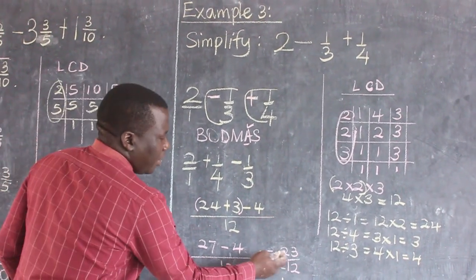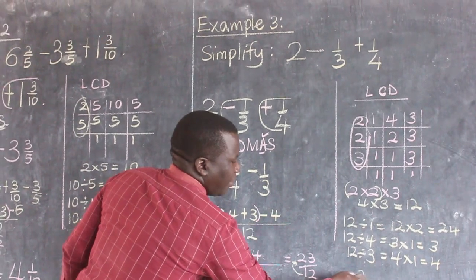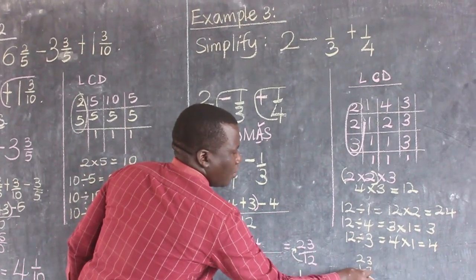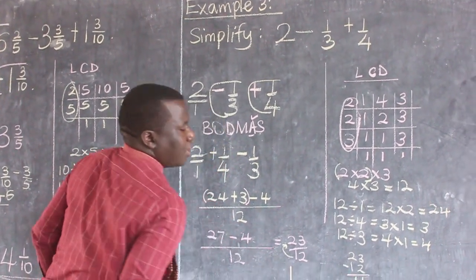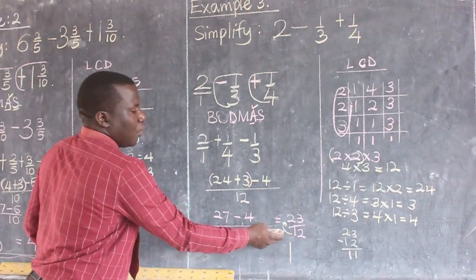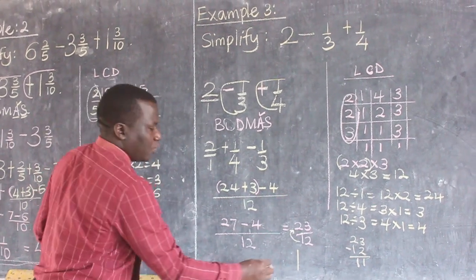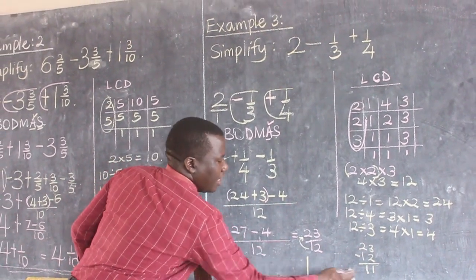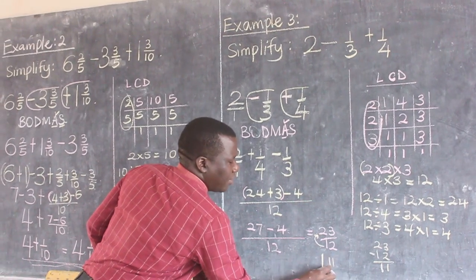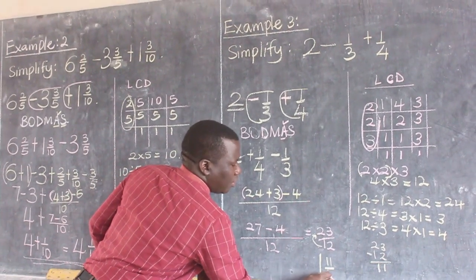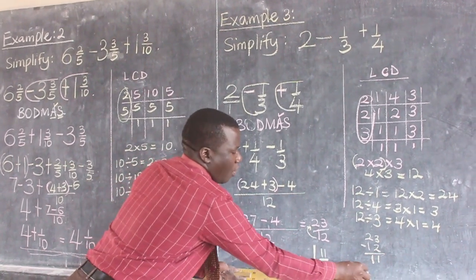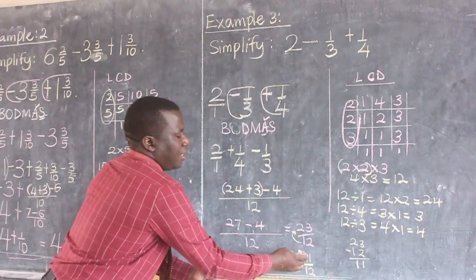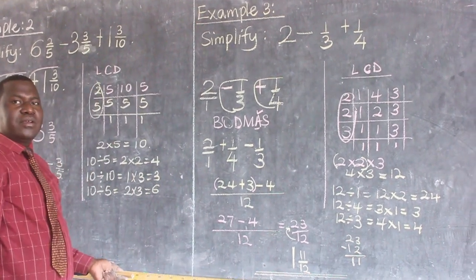And what will be the remainder? Just subtract to get the remainder. 23 minus 12, so you get 11. So it means 12 goes into 23 once, which is one whole number, remainder 11, which is our numerator, out of that very denominator 12. So your final answer is one whole number and 11 twelfths. Okay?